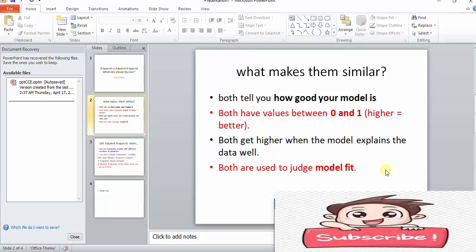For example, an adjusted R square or R square value of 0.5 indicates that at least half of the dependent variable is explained by the independent variables. So higher than 50% indicates a better model fit or a good model fit.